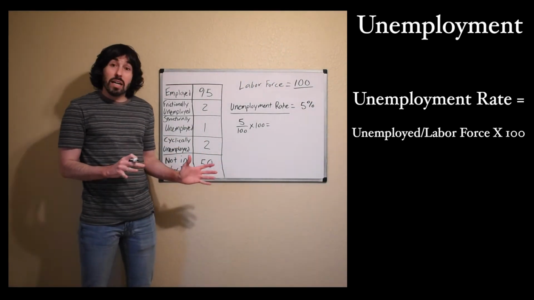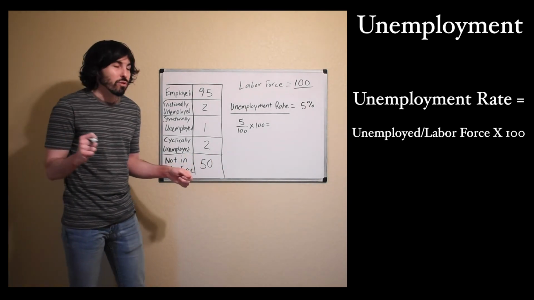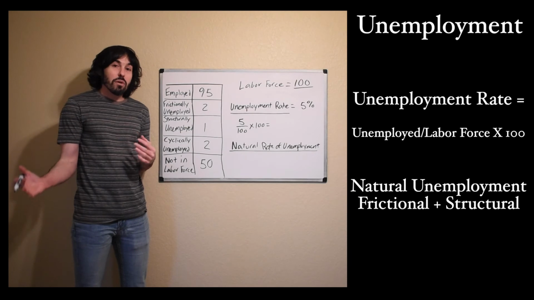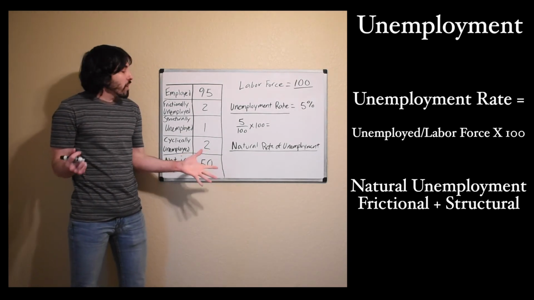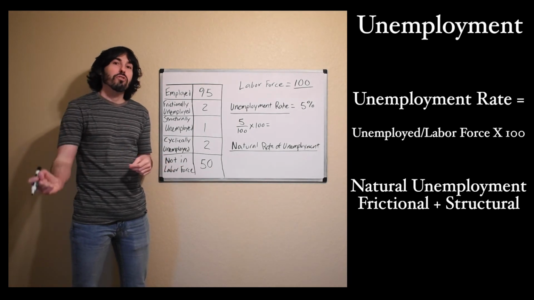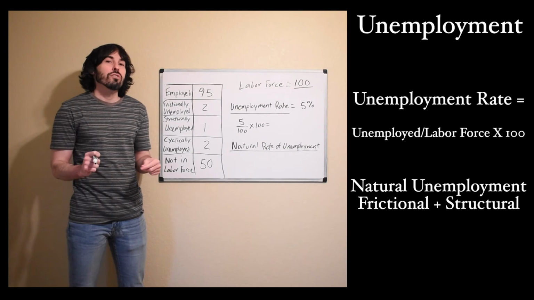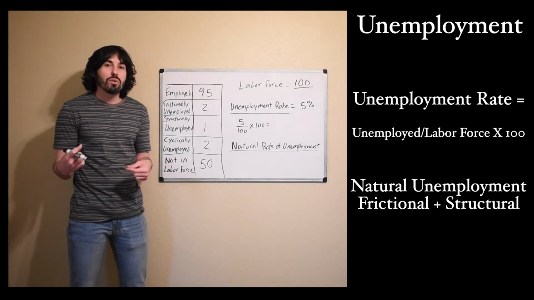Something that we can keep in mind to figure out what that actually means. First, let's figure out what our natural rate of unemployment is. To figure that out, we're going to do the same formula that we did before for the unemployment rate, our number of unemployed divided by the labor force, but this time we're going to only include people that are naturally unemployed.